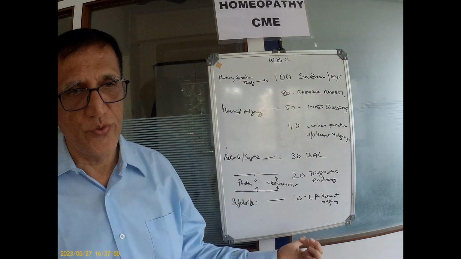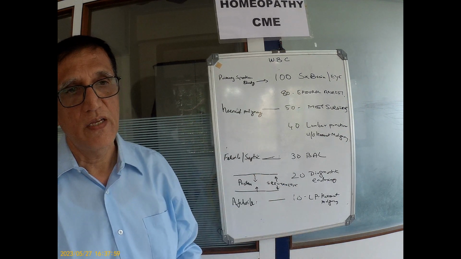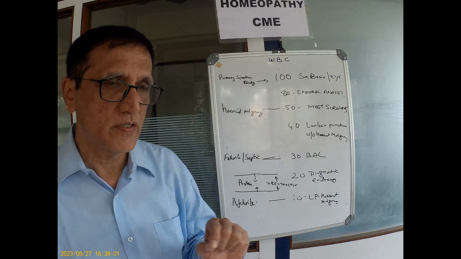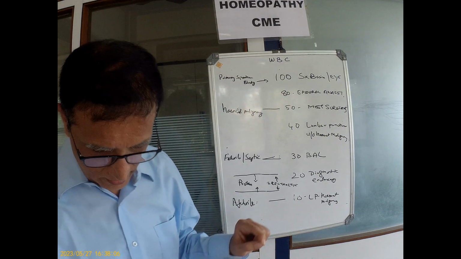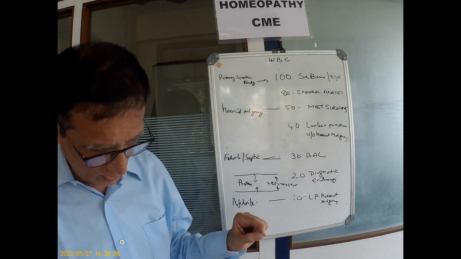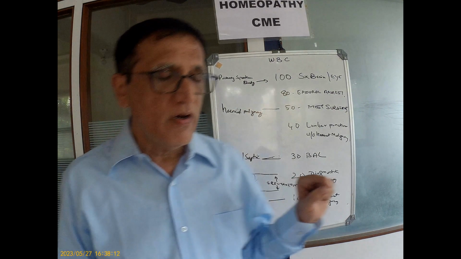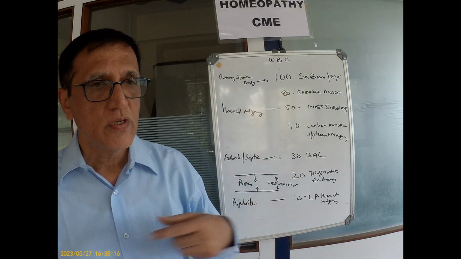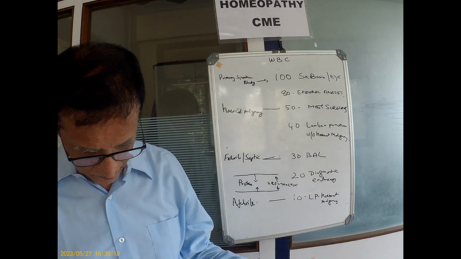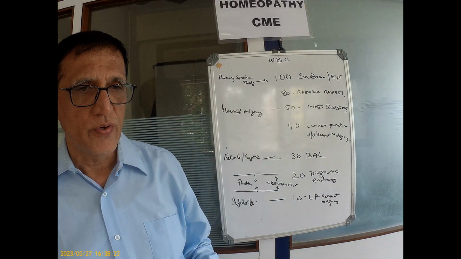When will you transfuse? You will transfuse when a wet bleeding occurs. Wet bleeding occurs at any count. A wet bleeding is a bleeding through the nose, in your urinary tract, in your stools. Those are wet bleedings.